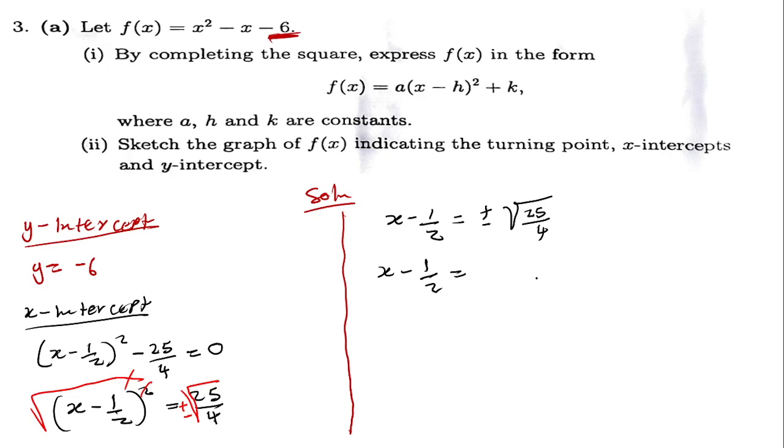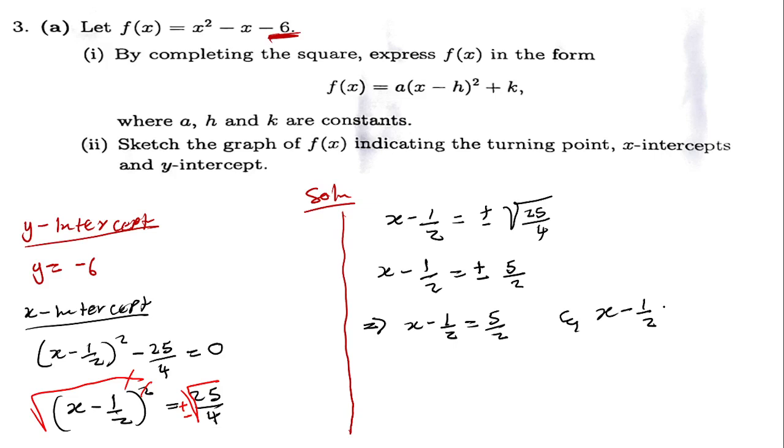So from here, this implies that x minus half, that one has to be 2 and not a 4, because the square root of 4 is simply 2. So I'll write my 2 there. This simply means that x minus half is equal to 5 over 2, and also x minus half is equal to negative 5 over 2.